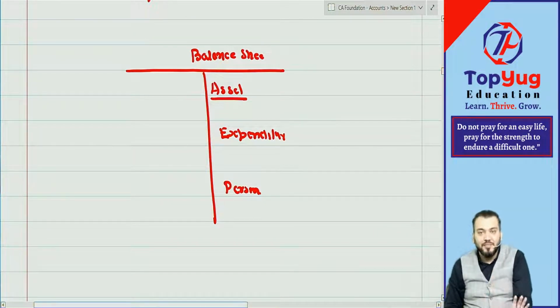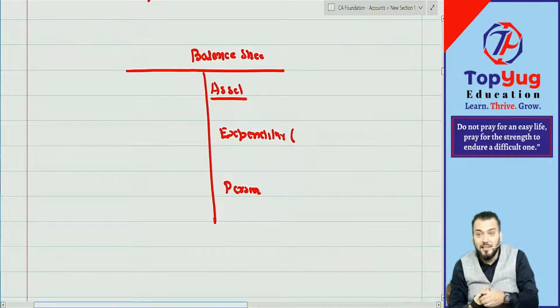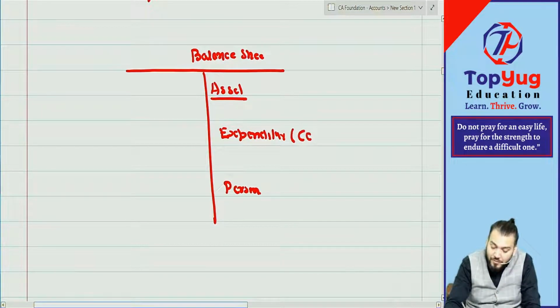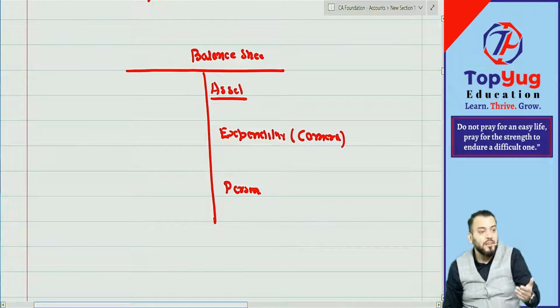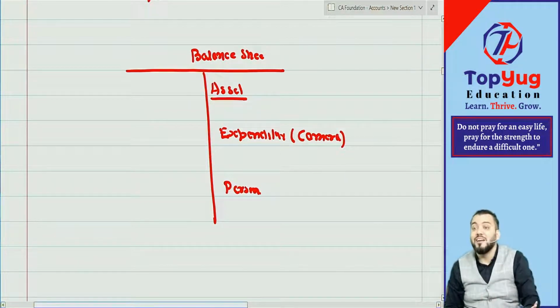Both are assets. But which expenditure? One for which the benefit is not yet derived. For example, a camera. We purchase a camera. Have we derived all the benefit? No. The benefit will be derived in future. Therefore, camera becomes an asset.